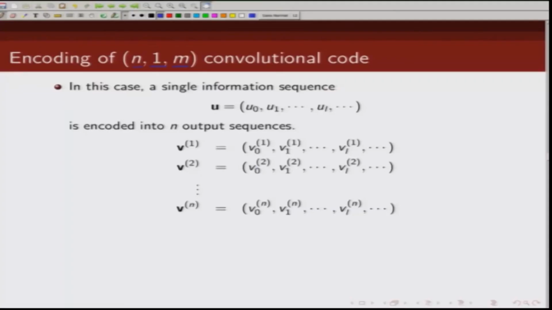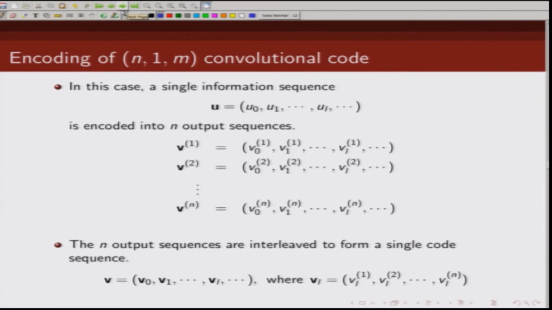So, let us take our input, which we denote by u, to be u_0, u_1, u_2, ..., u_(l-1). Since it is a rate 1 by n convolutional code, corresponding to one input we are going to get n outputs, and we denote these n outputs by v^(1), v^(2), v^(3), ..., v^(n), where each of these can be written like this.